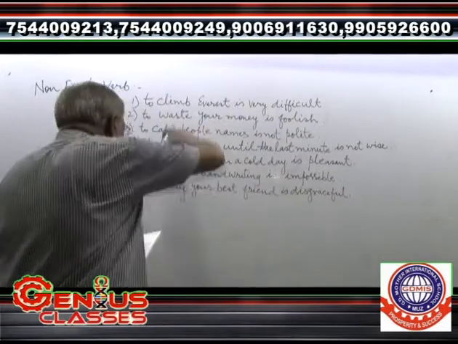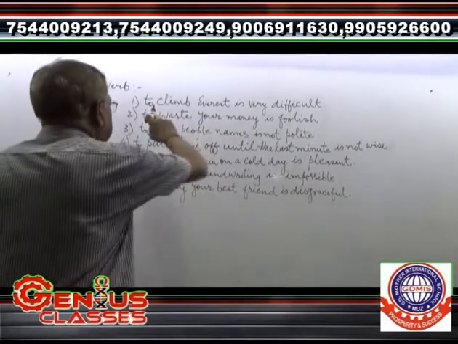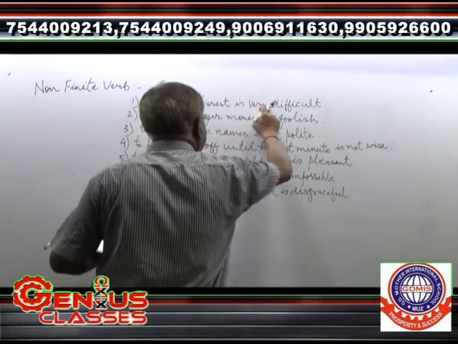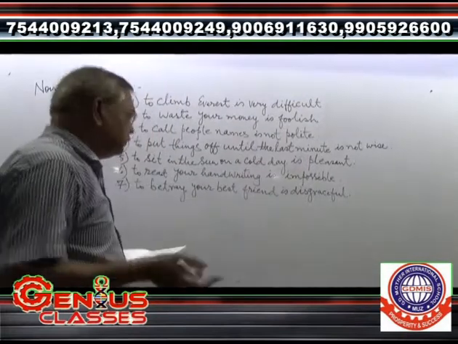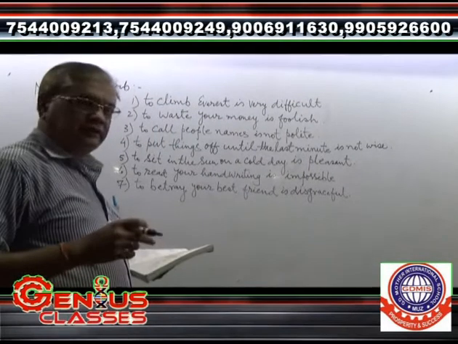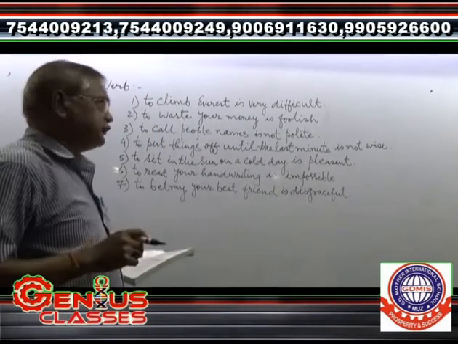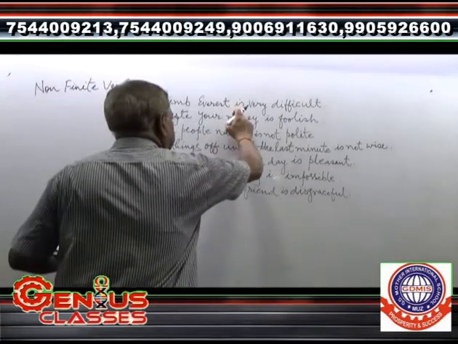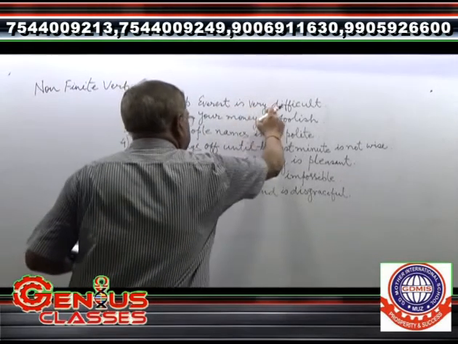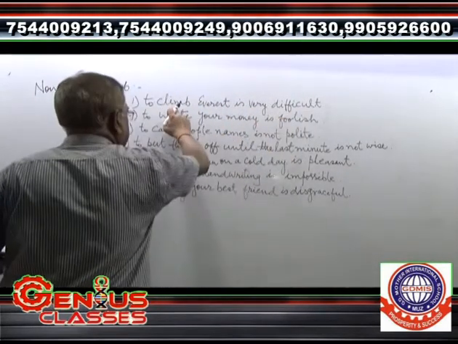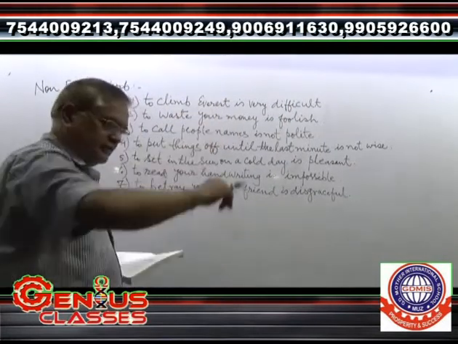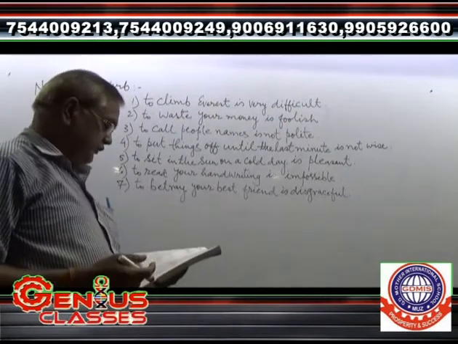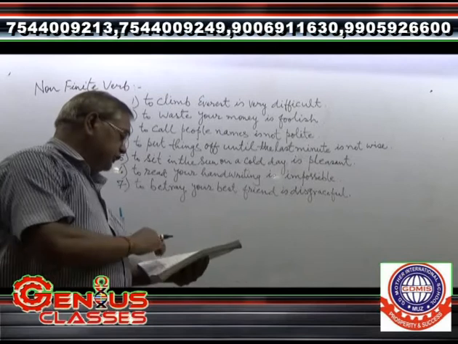So, with respect to this, like, to climb Everest is very difficult. What do you have to do? You have to start with the introductory word it. So it should be: it is very difficult to climb Everest. Likewise, you can also use this.